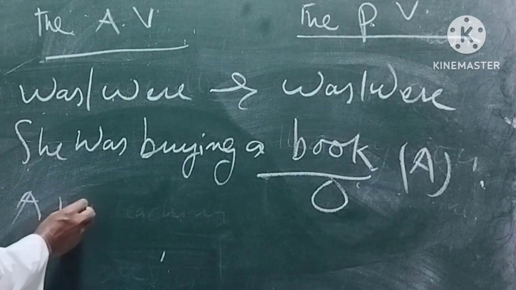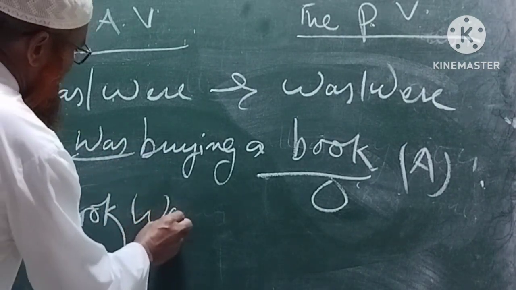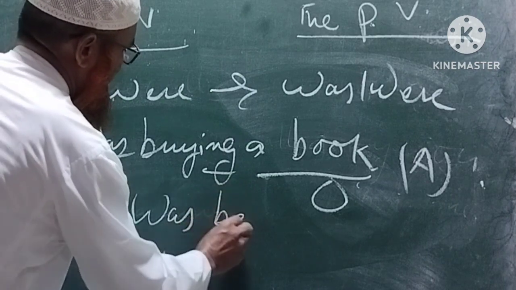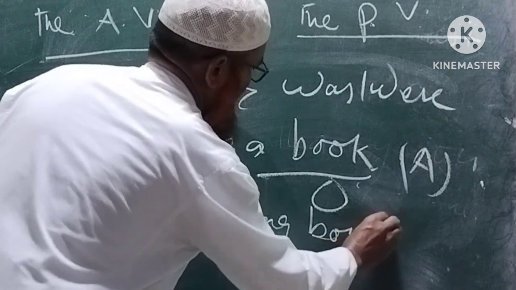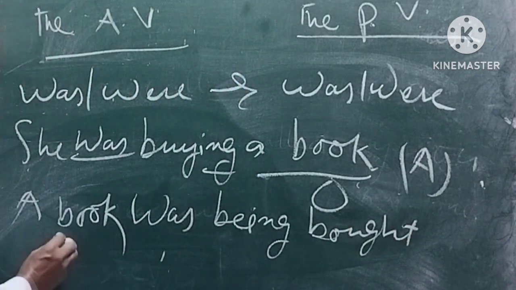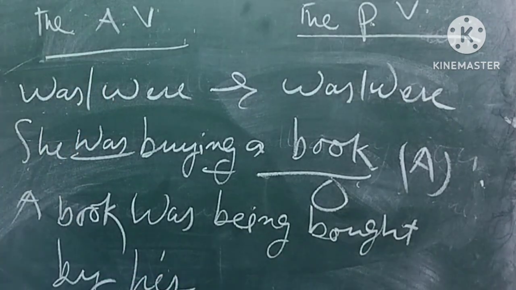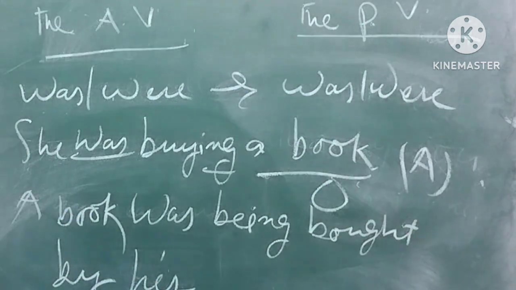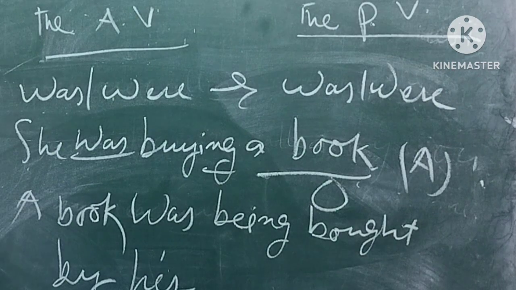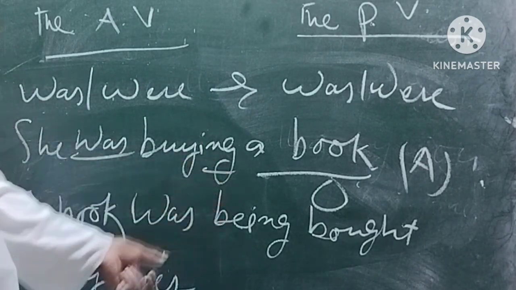This a book will become the subject. A book was singular. Being for ing, but past participle of the verb, by her. Her is the objective form of she. She was buying a book. A book was being bought by her.